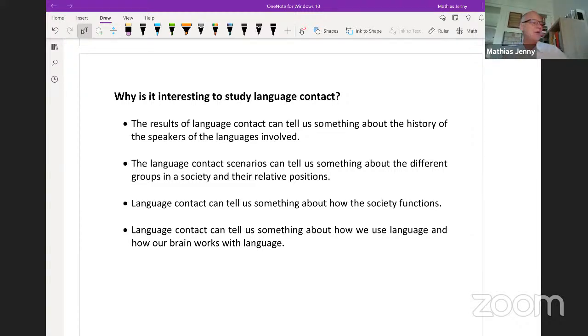So it can tell us something about how our brain works, how language is processed in our brains. And this, of course, also will have an impact on how we work with language these days in terms of language technology.